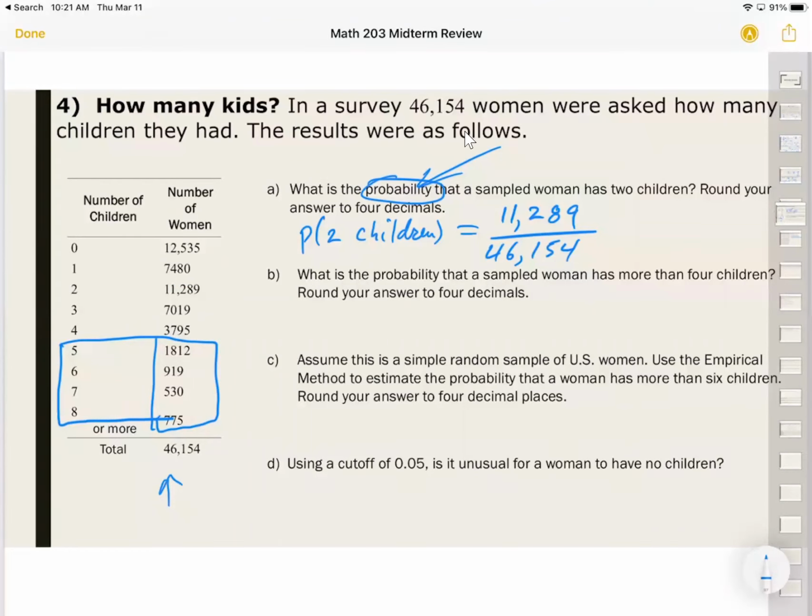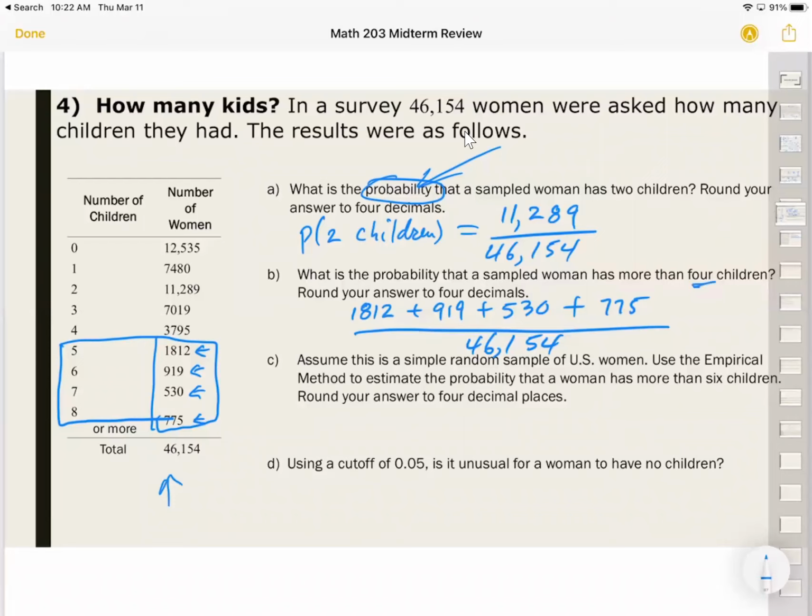Now we need to add those numbers up: to find this probability, you take this number added to 9, added to 530, added to 775, and divide by the total. Those are the items that fit the description of more than 4 children. So everybody see that those are the more than 4 children.